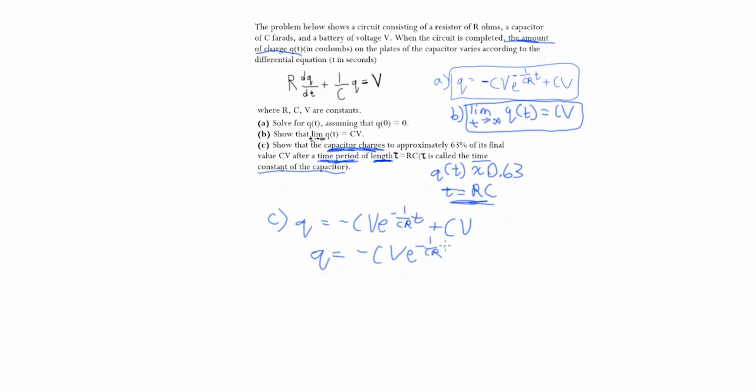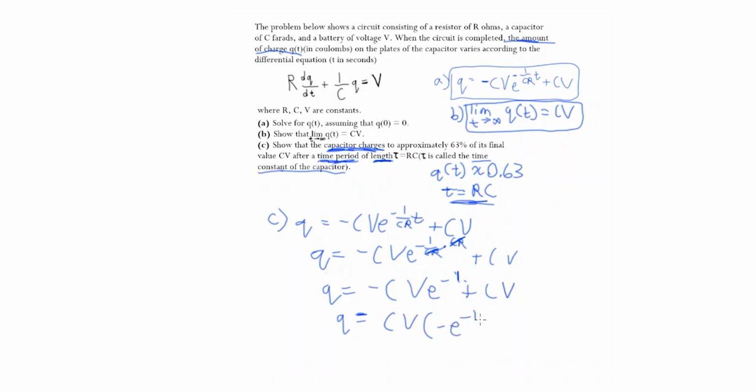And RC can be written as CR just so we can see how these two cancel out to 1. And that gives us Q is equal to negative CV e to the negative 1 plus CV. And because there are CVs on both sides, we can factor out a CV.